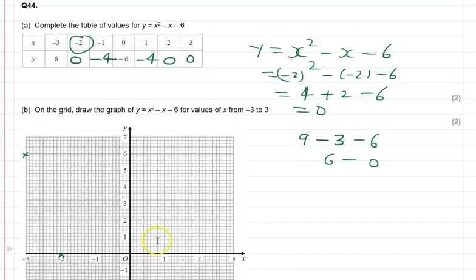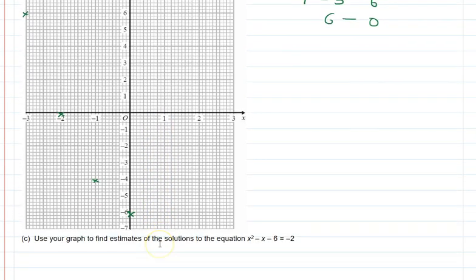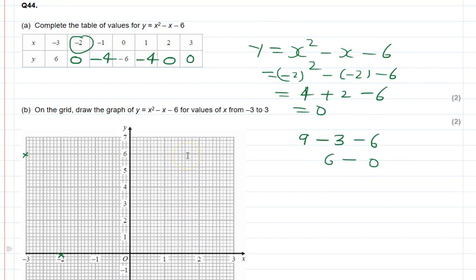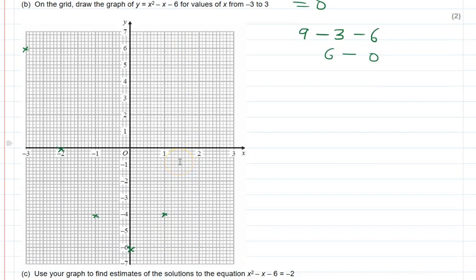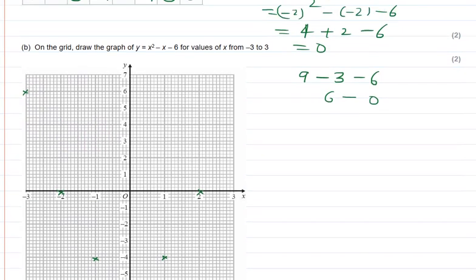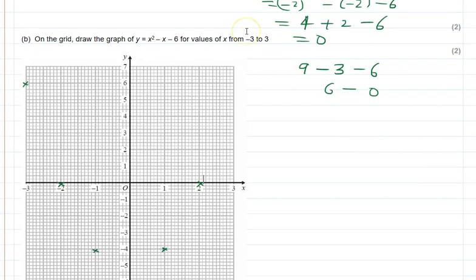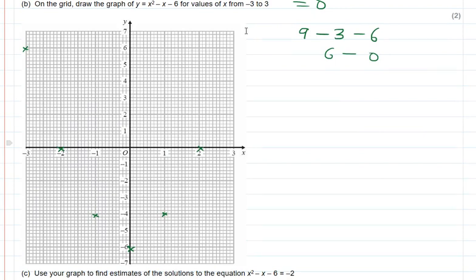Next value is 1 and minus 4, and 2 and 0. So 2 and 0 will be here, and we can join this. So we can plot this. Okay, so this will be your graph.